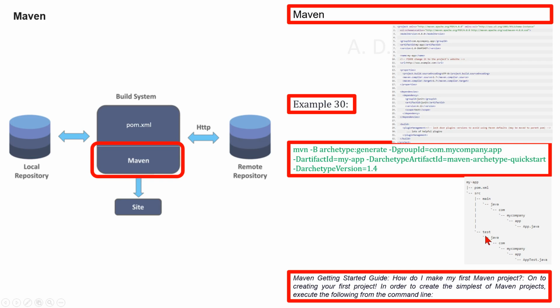Application sources reside in ${basedir}/src/main/java, and test sources are in ${basedir}/src/test/java, where ${basedir} represents the directory containing pom.xml.